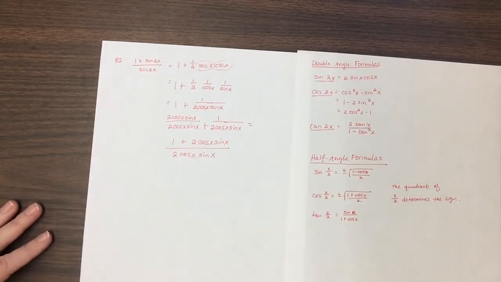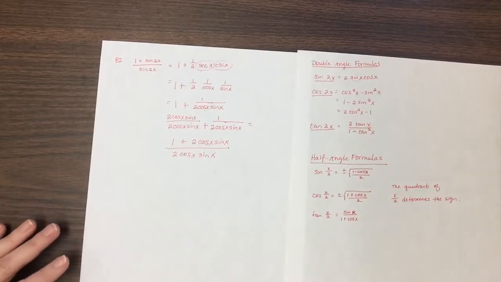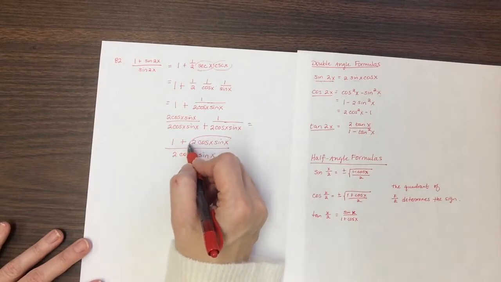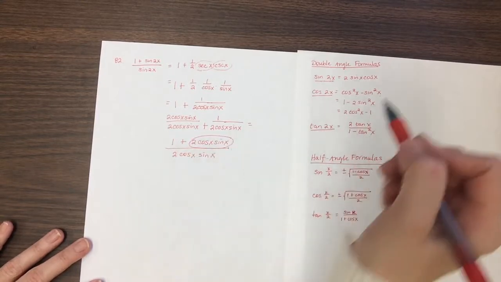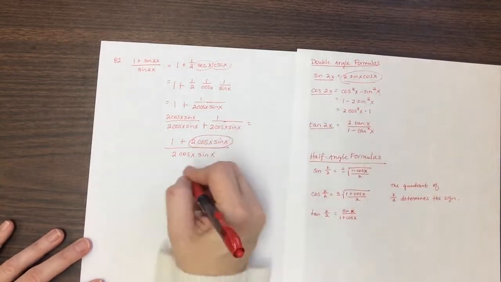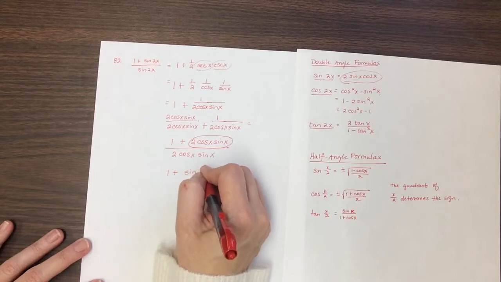Alright, so where am I headed now? I've got 1 plus 2 times the cosine of x times the sine of x all over 2 times the cosine of x times the sine of x. And I already know what this is. So I can rewrite that as the sine of 2x.